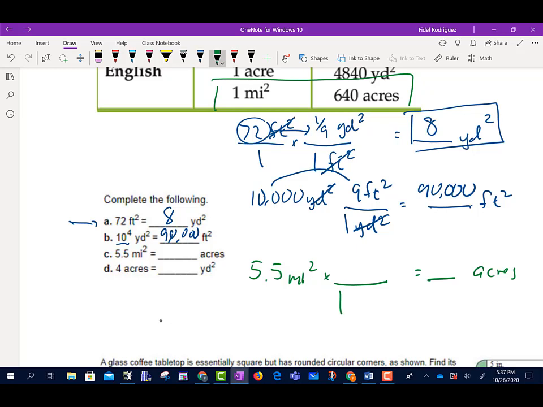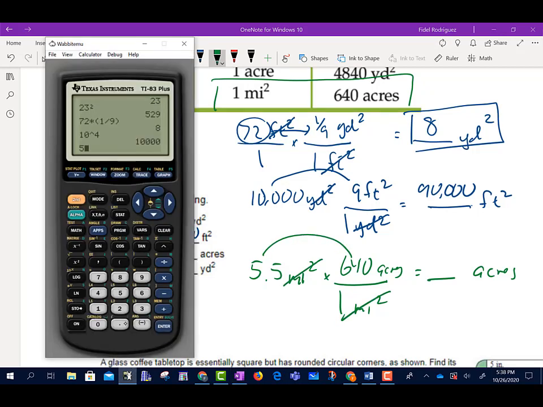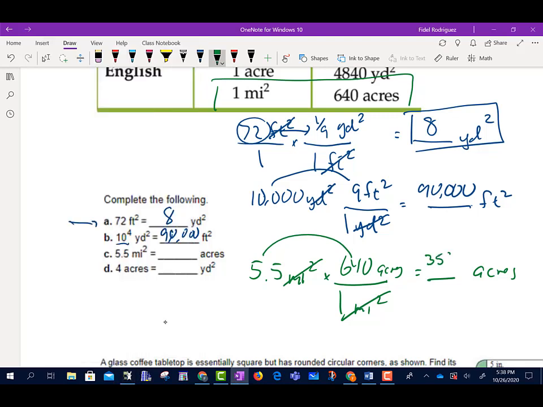So I know that 1 square mile is the same thing as 640 acres. So mile squared and mile squared are going to cancel, and again I'm just going to multiply. So 5.5 times 640 is 3,520 acres. So that's this one right here.